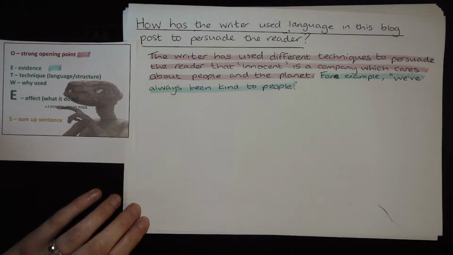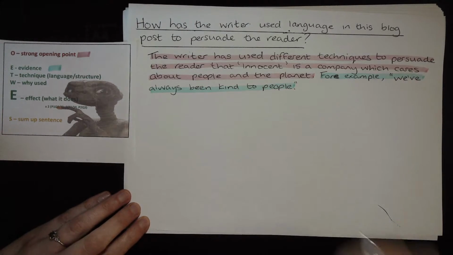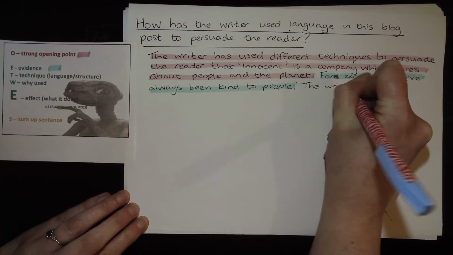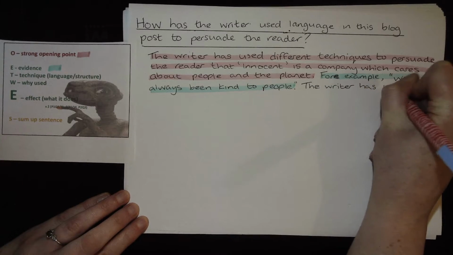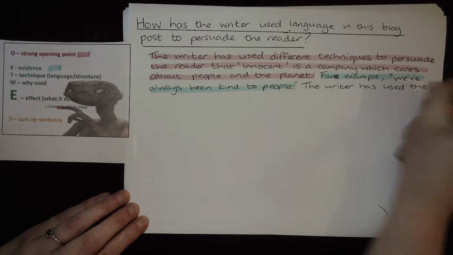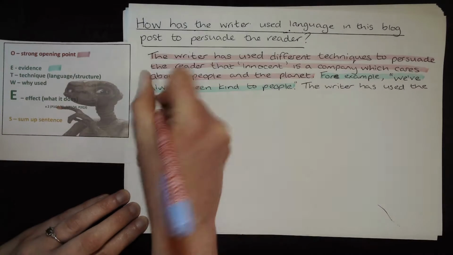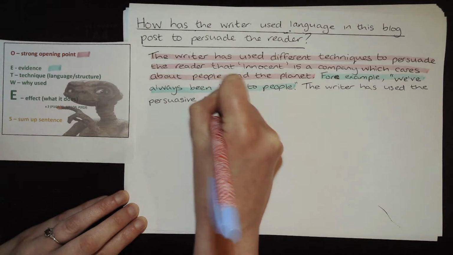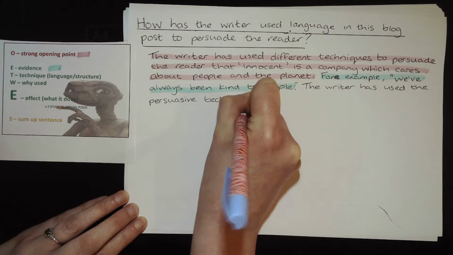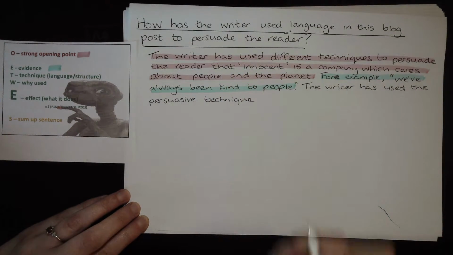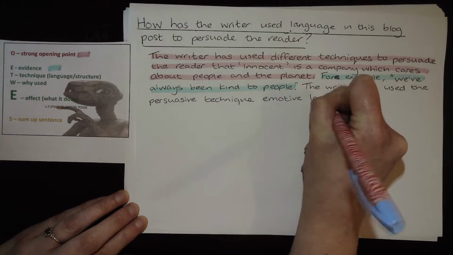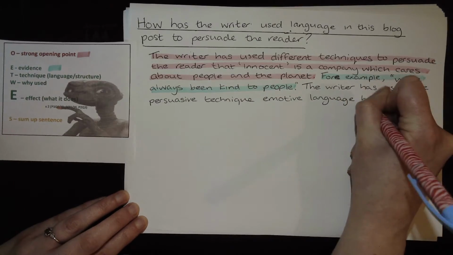Now what I need to do is I need to pick out a persuasive technique that's been used. So I'm going to say the writer has used the persuasive technique emotive language here.